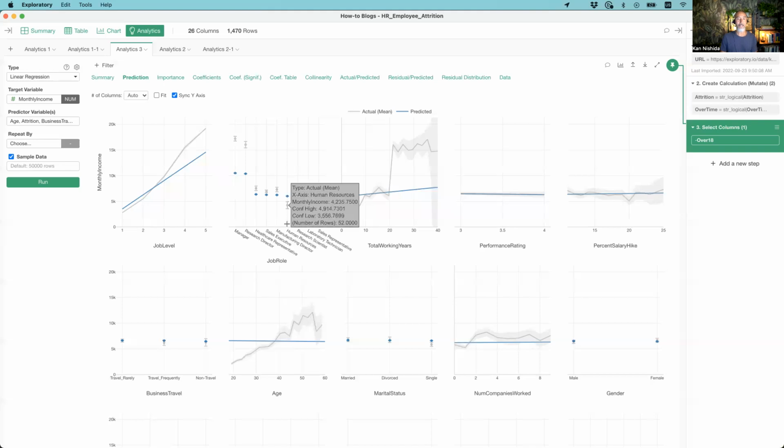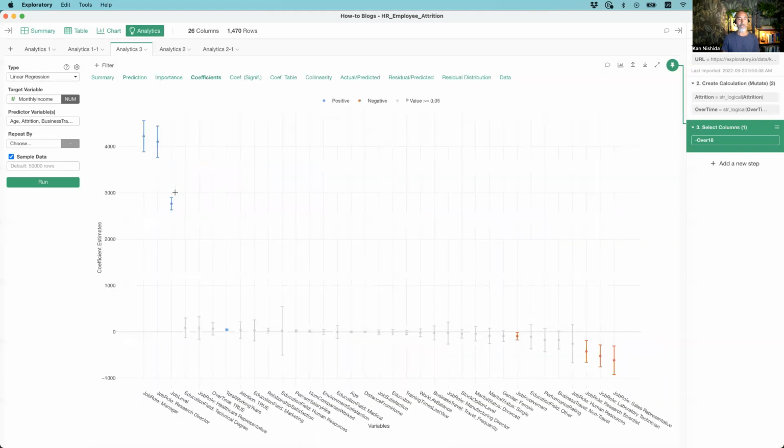The tricky thing is the categorical variables. What does a 1 unit increase mean there? A 1 unit increase in job role, what are you talking about? Well, in the categorical case, you are comparing between the values. If I go to the coefficient, what we can see is this is a job role, and all the values of job role become variable names.